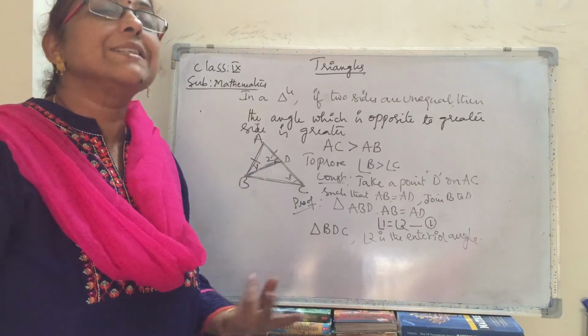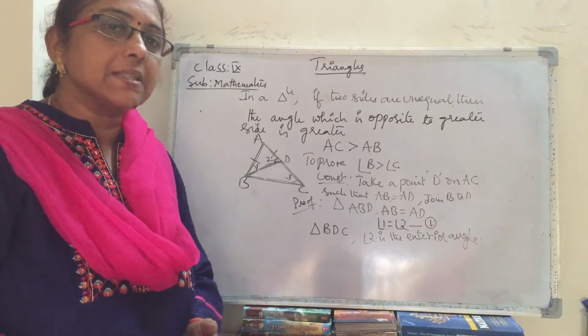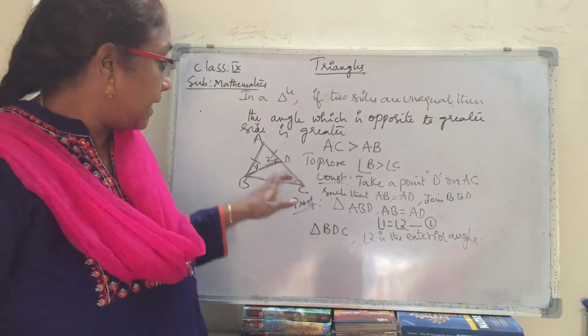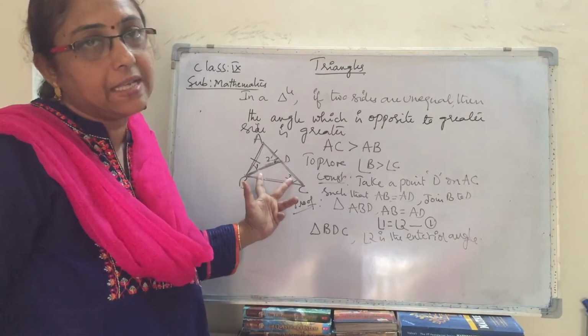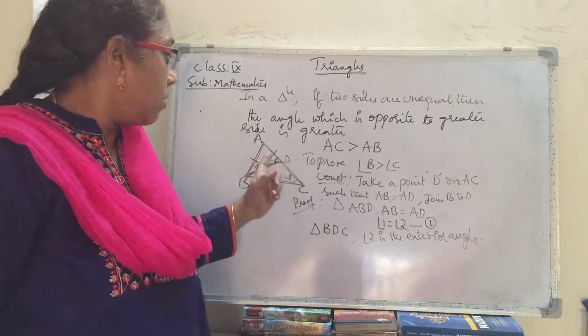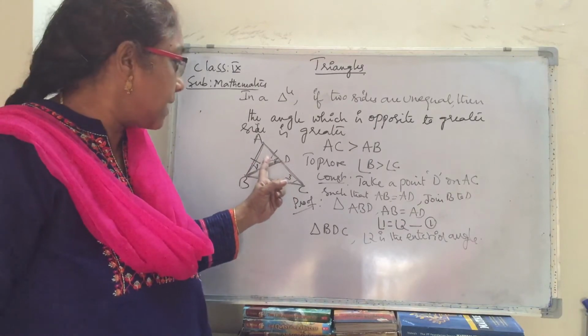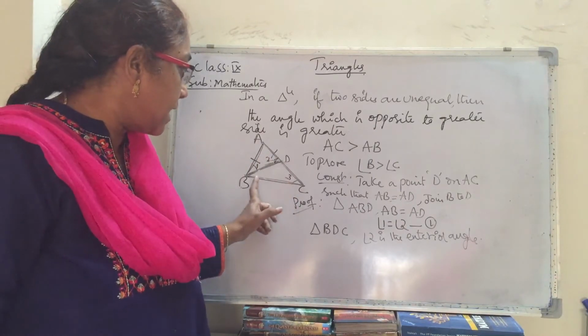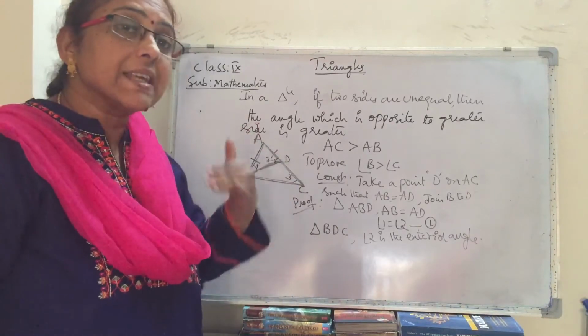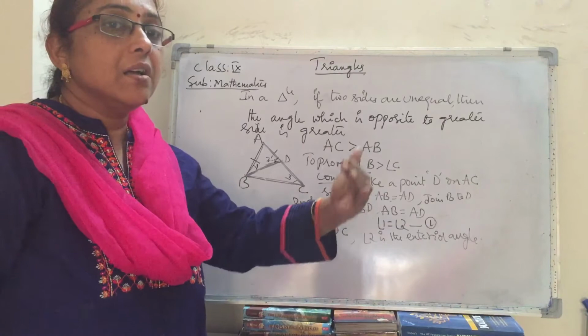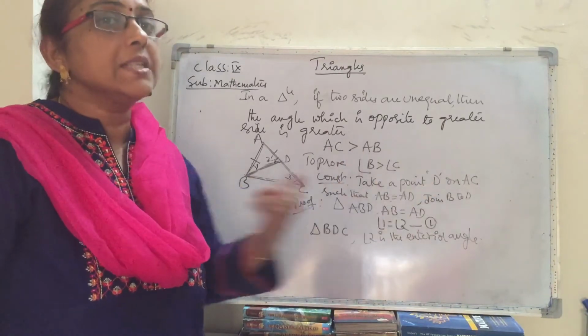We know the exterior angle property. What is the exterior angle property, children? The exterior angle is equal to the sum of the two interior opposite angles. It means the exterior angle is greater than each of the interior opposite angles.